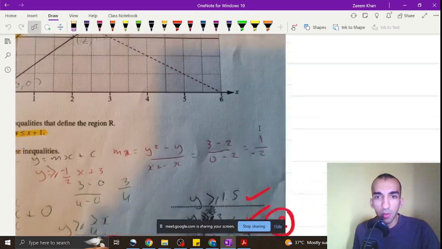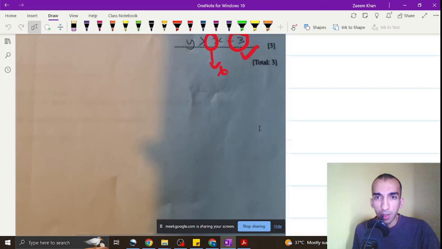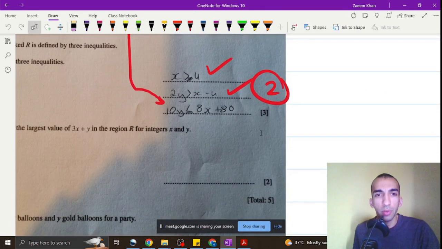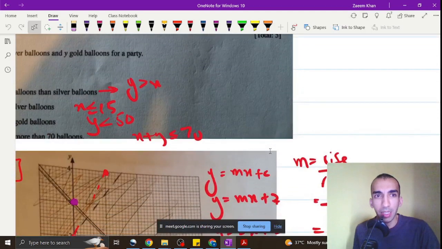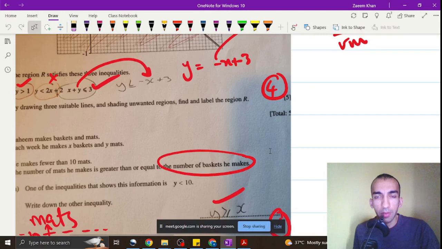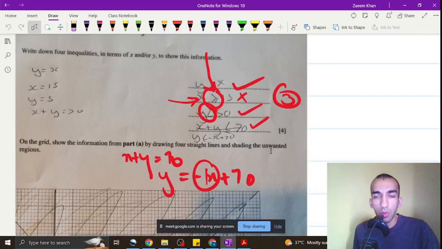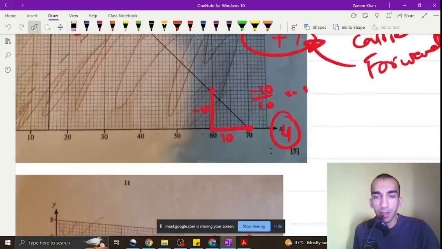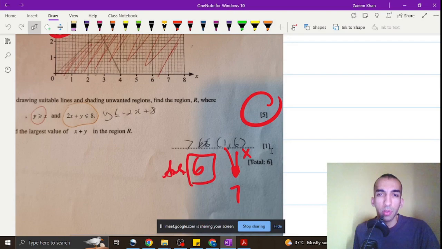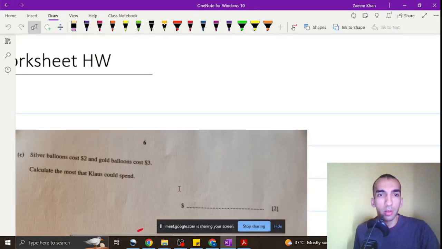No, you did not attempt this. 4 and 4, 8, and 3, 11. 11 and 3 would give you 14. 14 and 2, 16. 16 and 5 is 21. 21 and 1 is 22. 22 and 5 is 27... 26 and 5, 31. 31 and 5 is 36, and 1, 37. So let's assess you out of 37 marks.